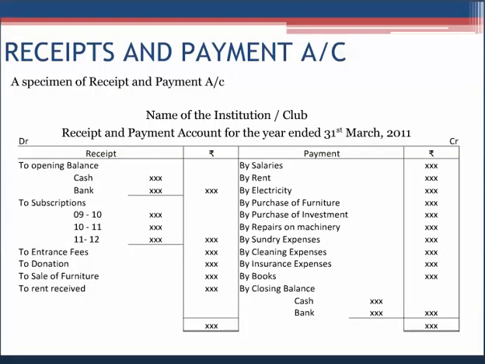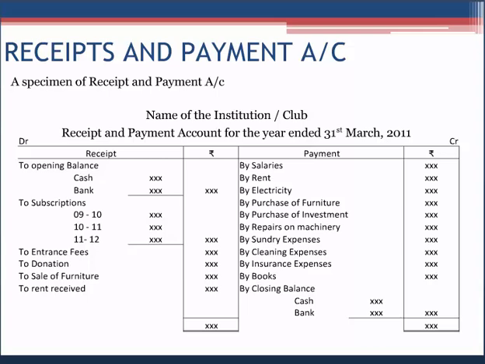Next thing, you should keep a note: it does not record any non-cash transactions. You check on the receipt side, check on the payment side, it does not record any non-cash transactions. So the summing up is quite clear.